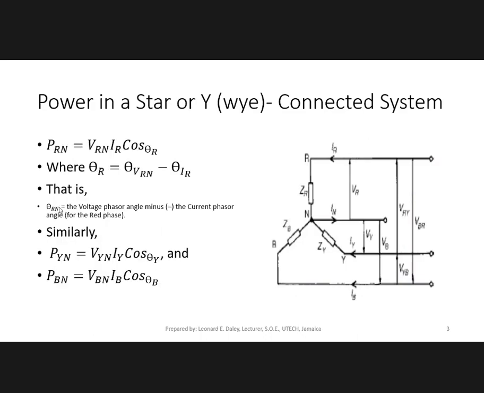All right. So that angular difference now is the angle of the voltage phasor minus the angle of the current phasor. All right. So that is written down here. The voltage phasor angle minus the current phasor angle for the red phase. And we can write similar relationships for the yellow phase and the blue phase.